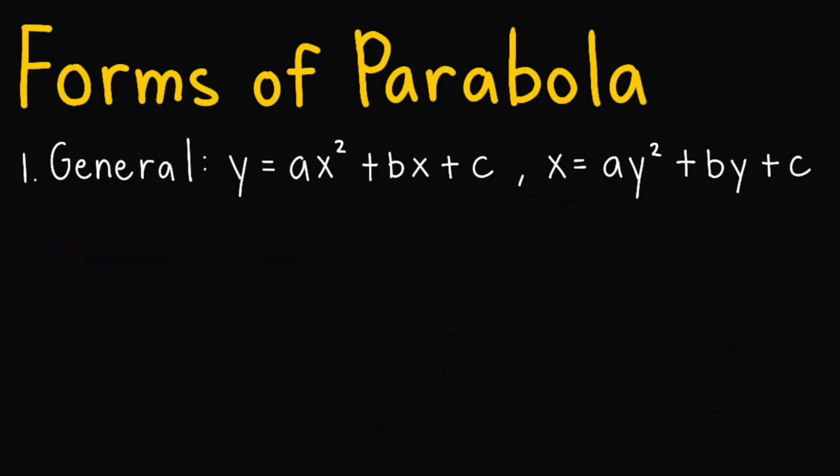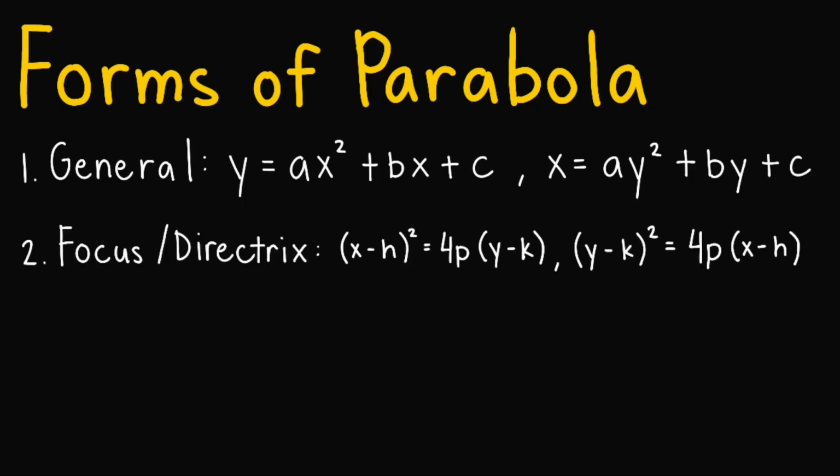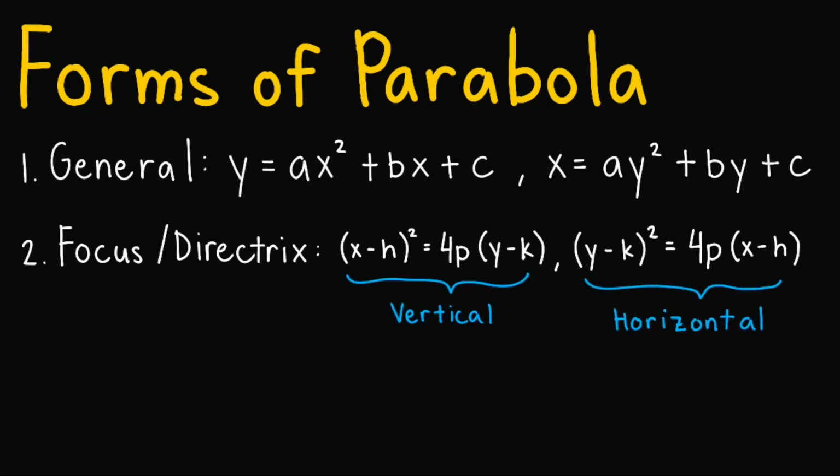The next form is what we know already, the focus or directrix form, which is given by this. So the one mentioned previously. Again, these forms vary depending on their orientation. The first one is for the vertical orientation, while this one out here is for the horizontal orientation of a parabola.